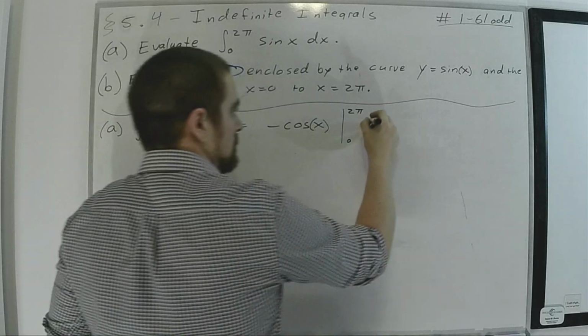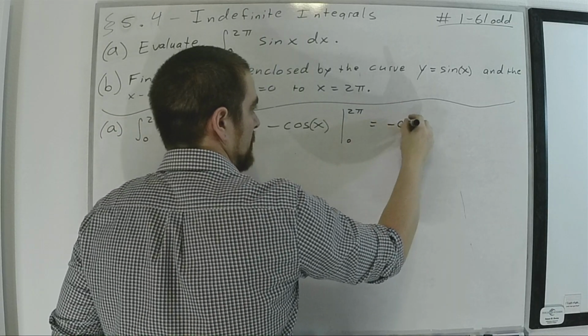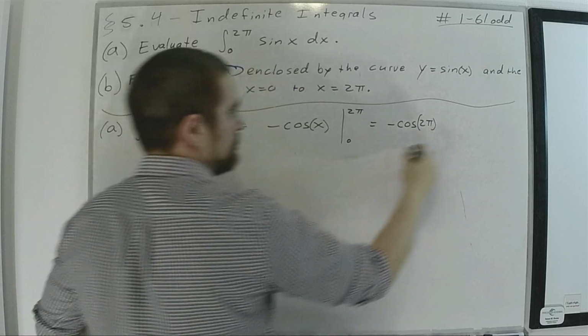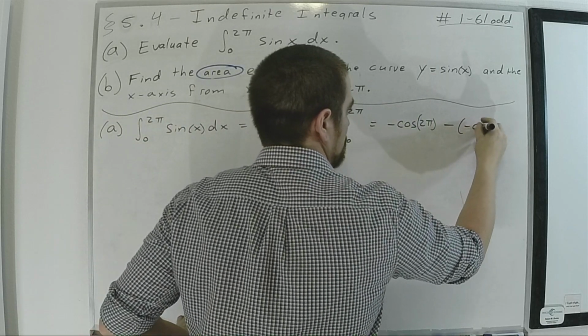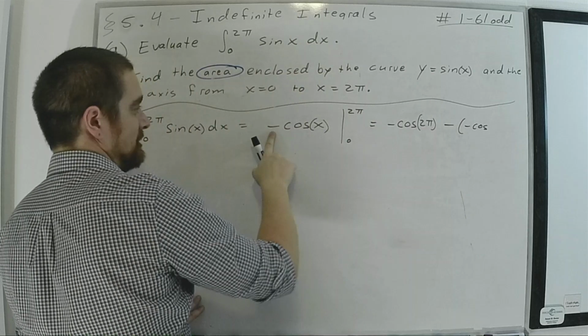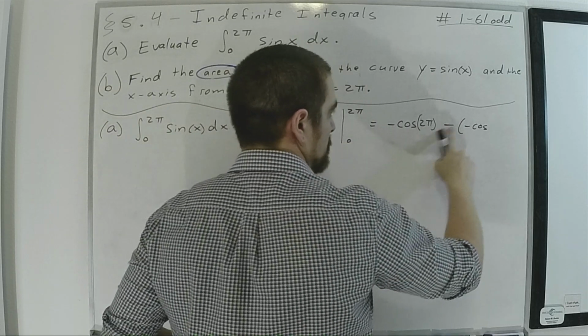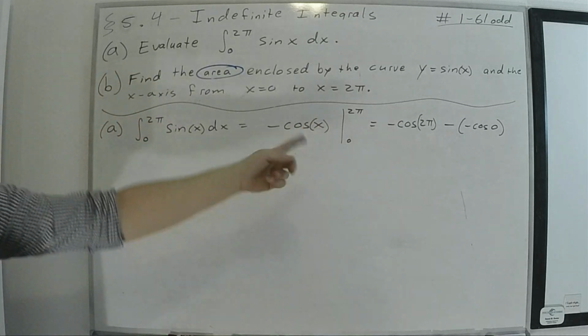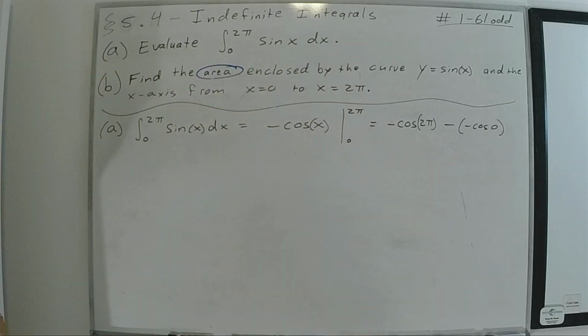Now I can take this, plug in my upper bound, again being very careful about the fact that there's a negative here, minus, again being very careful that there's a negative in the function, but I'm also subtracting, so that's minus a negative cosine of 0. Upper bounds in, I subtract lower bounds in.